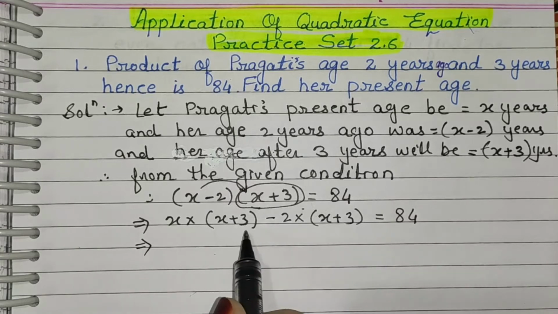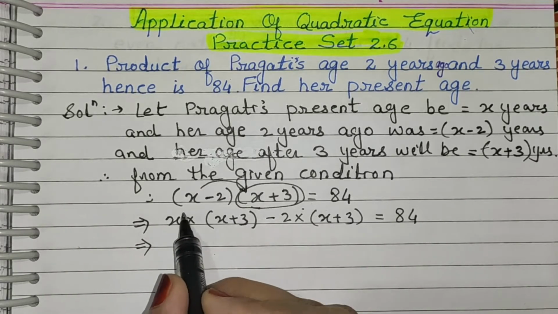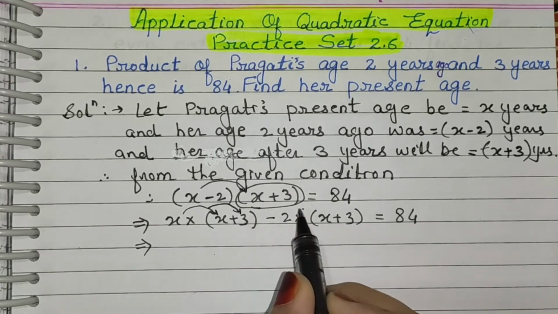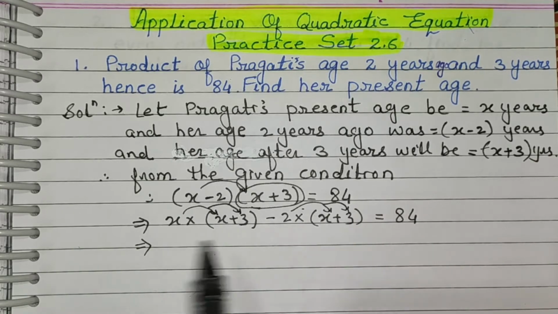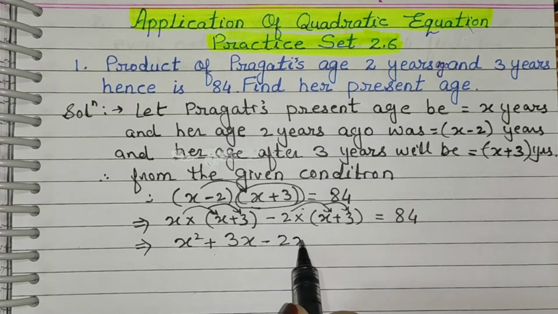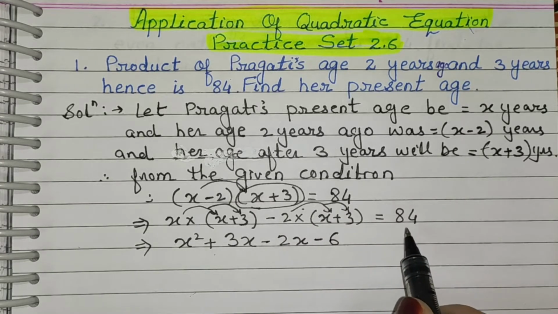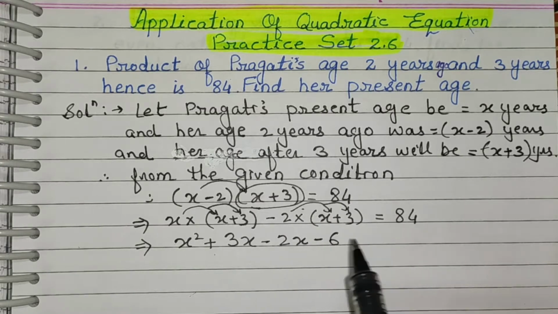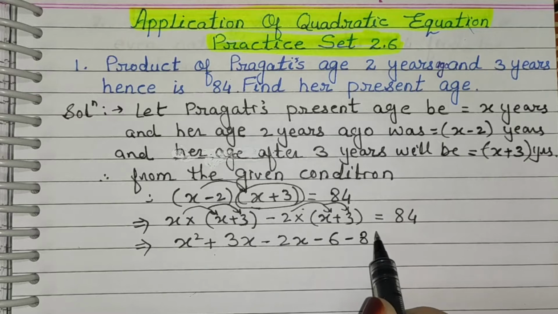Simply open the bracket: x into x, x square, plus 3x minus 2x, minus 2 into plus 3 we get minus 6. Now 84 shifting to the left hand side we get minus 84 is equal to 0.